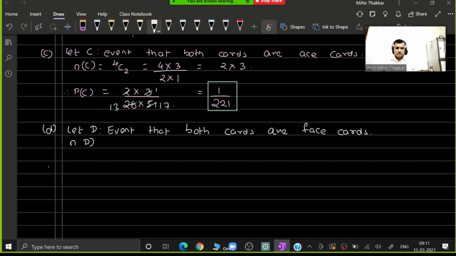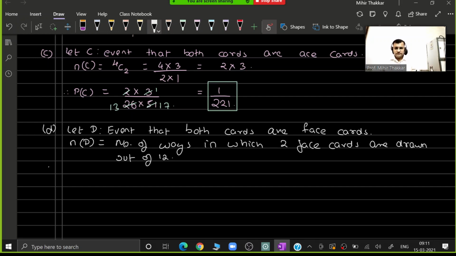So N of D is number of ways in which 2 face cards are drawn out of 12. Therefore, N of D will be 12C2, which is 12 into 11 upon 2 into 1, which can be taken as 6 into 11.